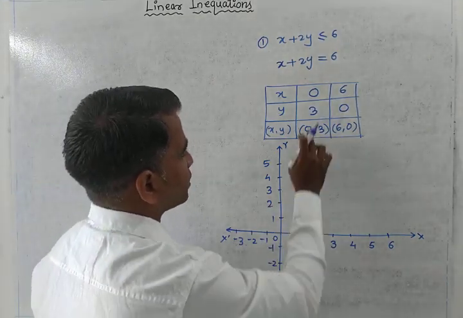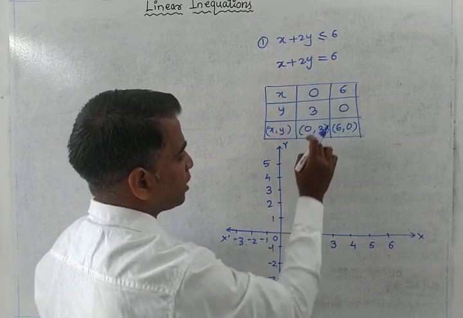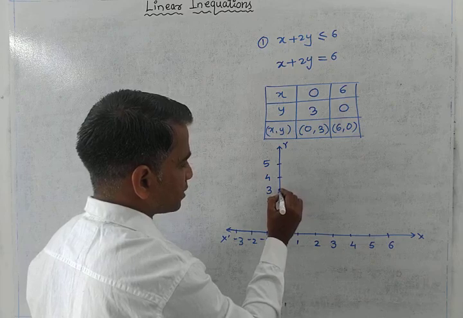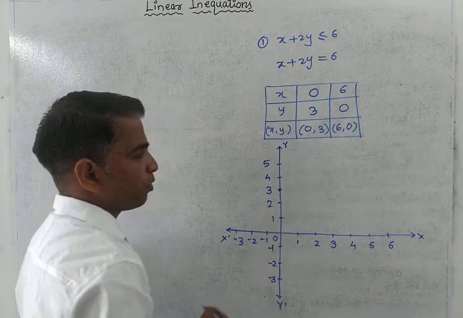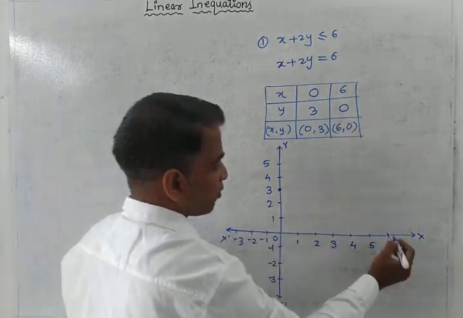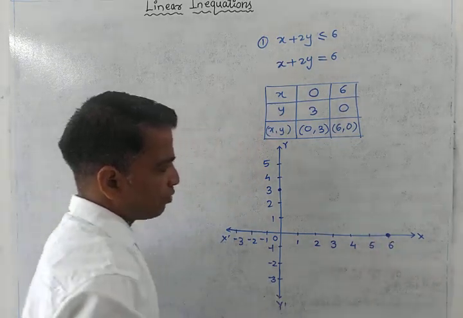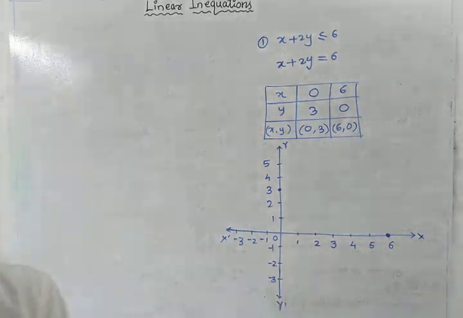First checking the points. The first point is 0 comma 3. The point 0 comma 3 lies on the y axis. And now 6 comma 0, the point lies on the x axis. Now we have to draw these 2 points.